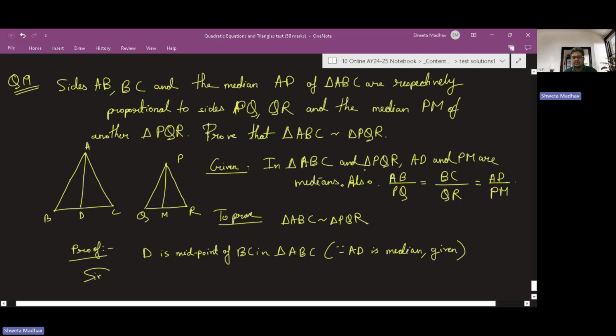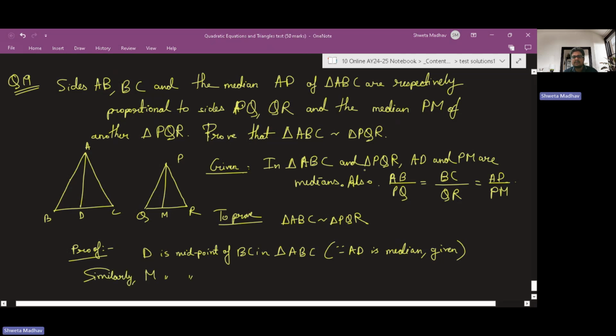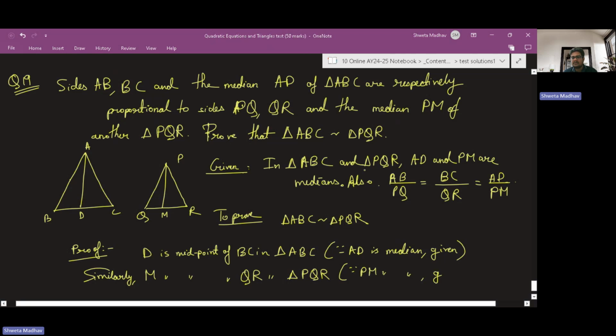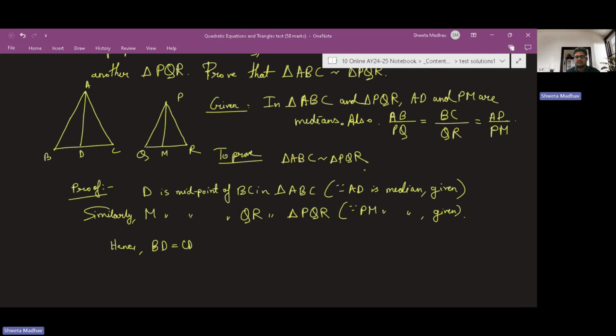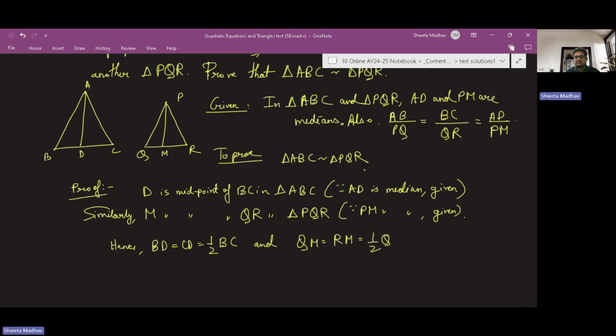Similarly, we can say that M is the midpoint of QR in triangle PQR, since it is given that PM is the median. So hence obviously we can say that BD is equal to CD, that is equal to half of BC, and also QM is equal to RM, that is equal to half of QR.